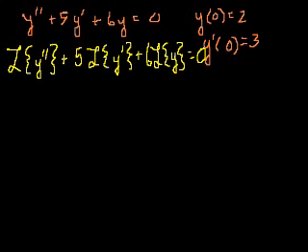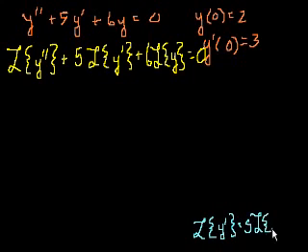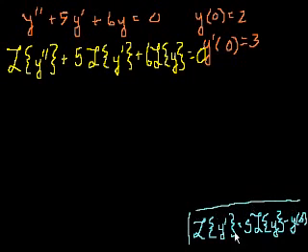So we learned that the Laplace transform of f prime, or we could even say y prime, is equal to s times the Laplace transform of y minus y of 0. Right? We proved that to you, and this is extremely important to know. So let's see if we can apply that.